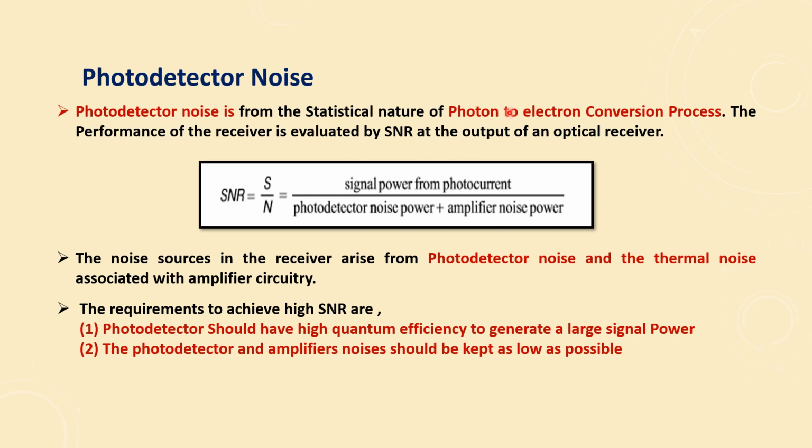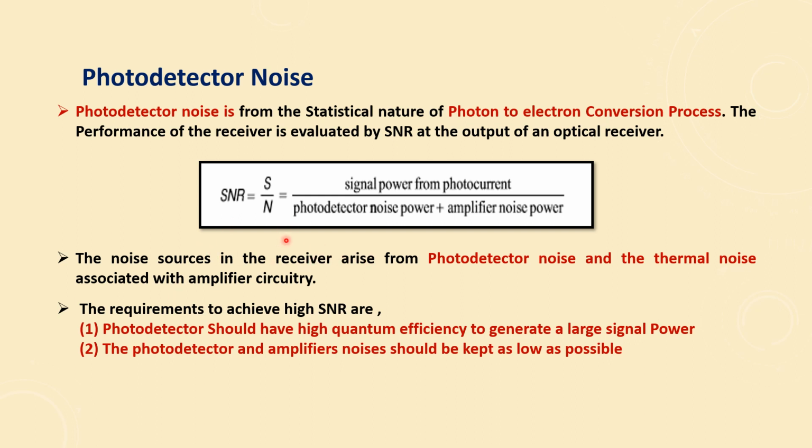The performance of the optical receiver is evaluated using the signal to noise ratio at the output of the optical receiver. That is the purpose for which we consider the signal to noise ratio.